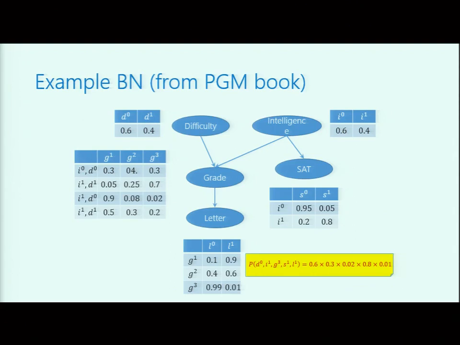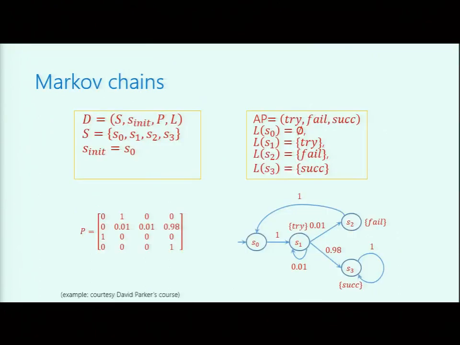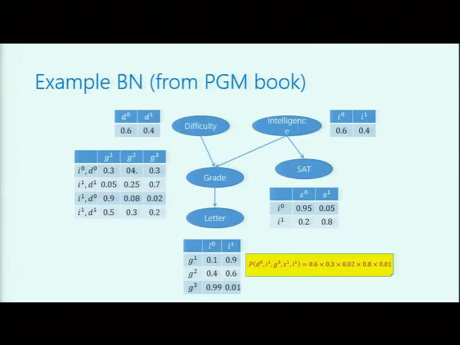But what's the connection between this and a probabilistic program? It turns out that if you look at this Bayesian network, you can also write a program which corresponds to this network. Essentially what this is saying is that I have a difficulty which has a certain prior distribution, and the prior distribution is this one here, 0.6, 0.4.